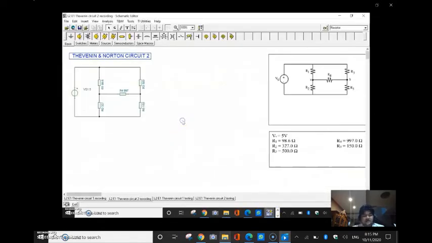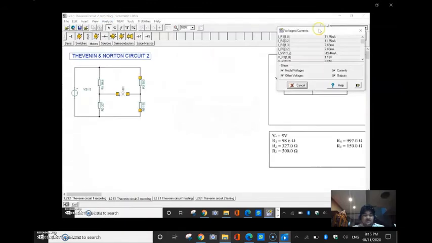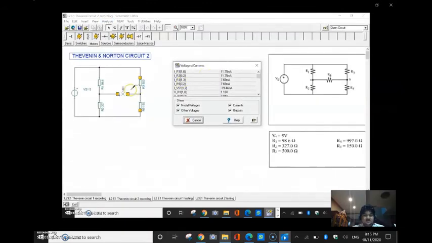Next, we will be replacing R4 with an open circuit VM at terminal AB to measure the potential difference. We will observe the value of VM, which is 2.69 volts.